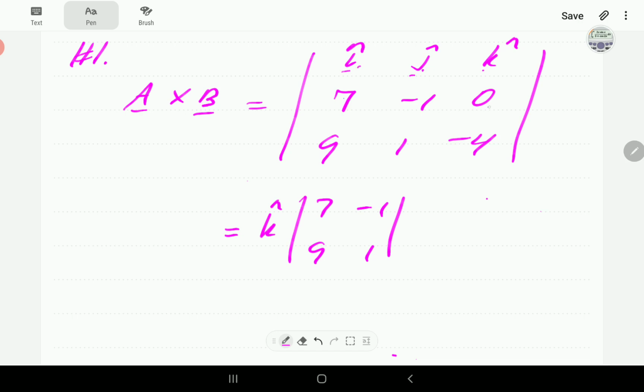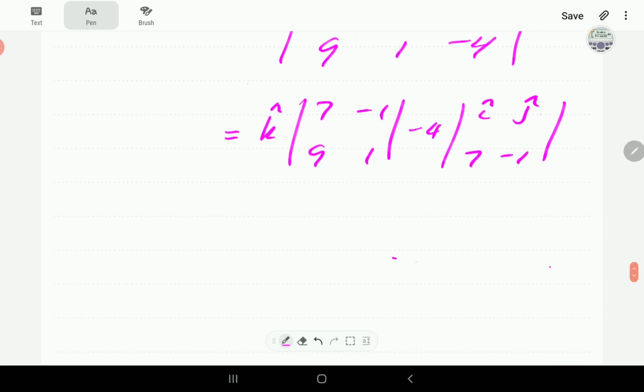Plus minus plus, it's going to be minus 4 times the determinant ij 7 minus 1. This is going to be 7 plus 9, so it's going to be 16k, minus 4 into, this is going to be minus i minus 7j.